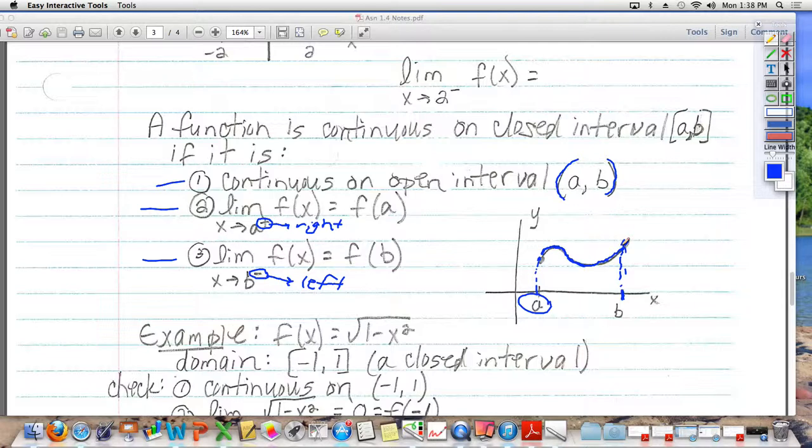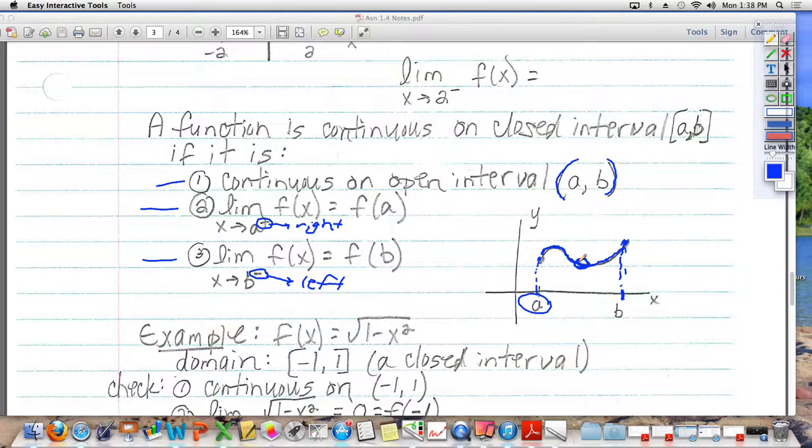Yes? For number 1, why is it talking about open intervals if we're talking about closed intervals? I don't get it. In order for the closed interval to be continuous, if there was a break in this graph right here, then automatically this graph is not going to be considered continuous over a closed interval because it's not continuous over an open interval.